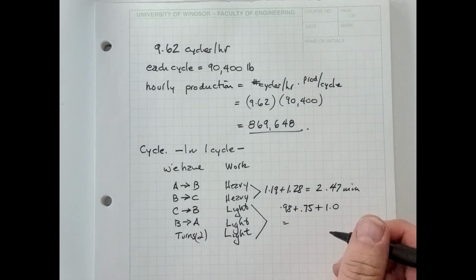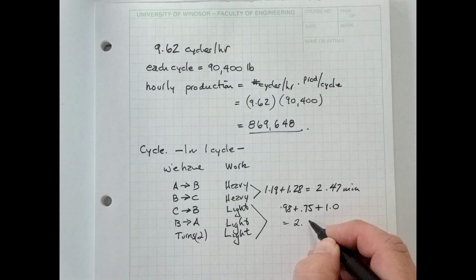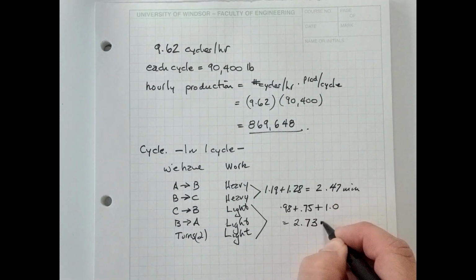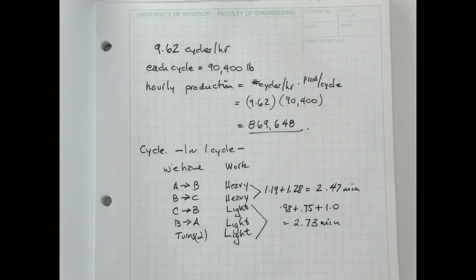And so that's 2.73 minutes of our cycle is going to be light. And if I add up, if you want to check it, that comes to our 5.2 minute cycle. I think that it does. Yes, it does. And so this is our sum, is 5.2 minutes.